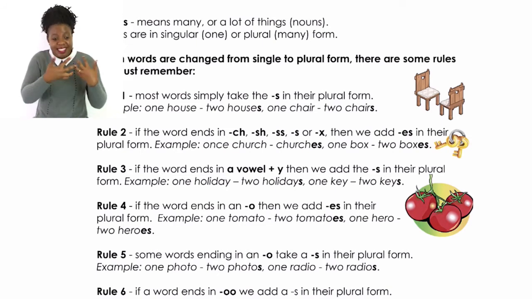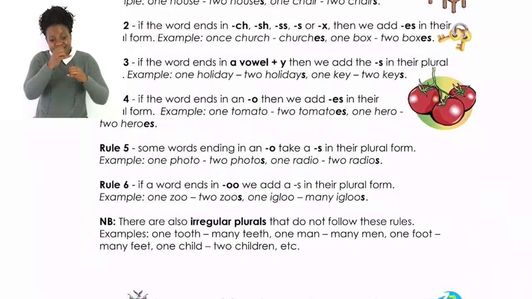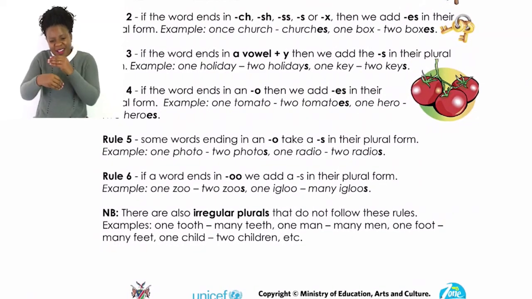Church ends with CH. When there are many churches, ES is added to the noun church. One box is ending with X, we add ES for it to become boxes.